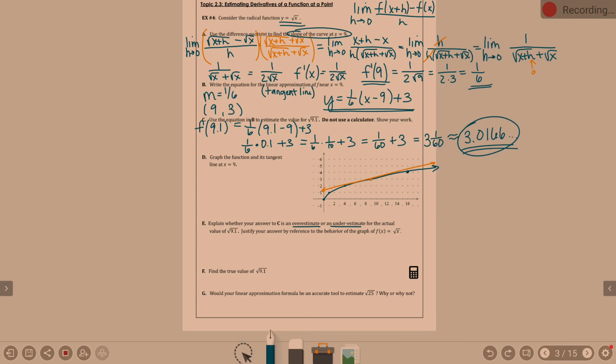Where is my tangent line in reference to the curve? It's above. So what is my estimate going to be? It's going to be an overestimate because any value on that tangent line is just slightly too big. Does that make sense? Or maybe a lot too big, depending on where you're at. I mean, obviously, anything close to 9, you're going to be close, but not exactly.